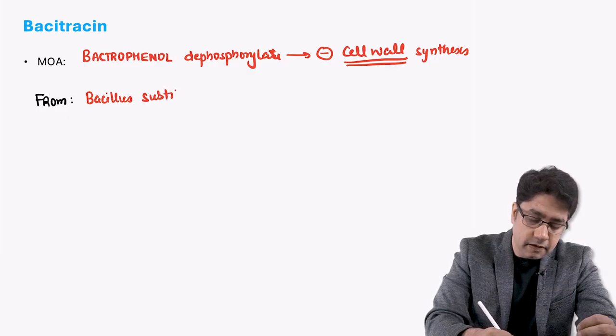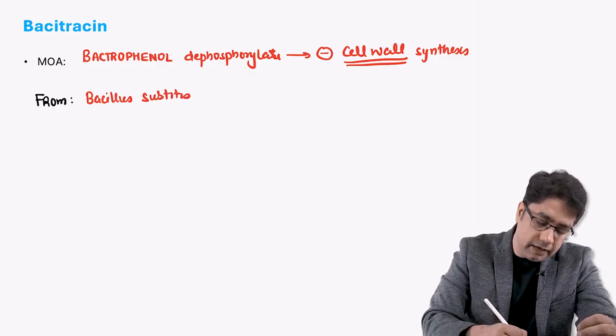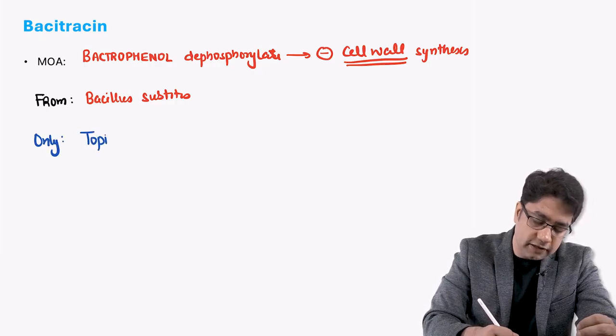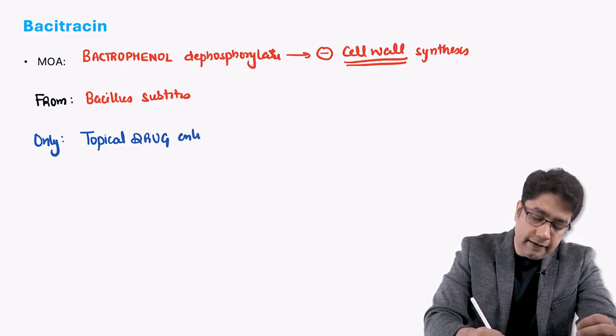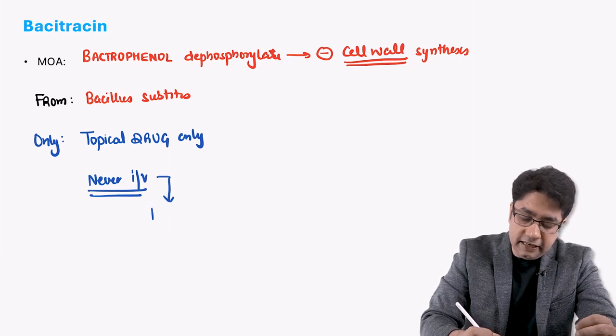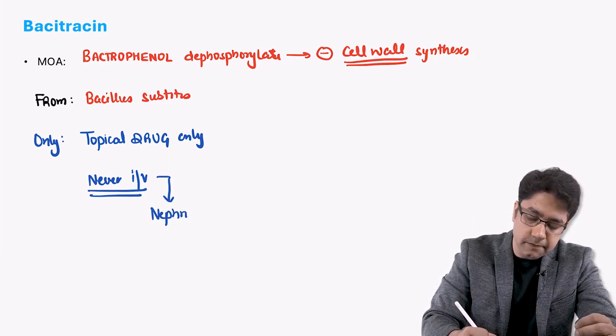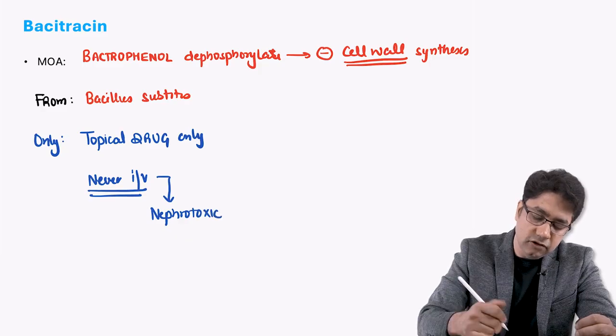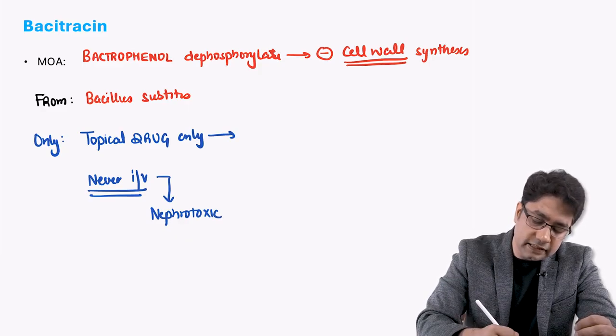And this bacitracin, remember, it is only given as a topical drug on skin. And it is never given IV, because when you give it IV, it is a highly nephrotoxic drug. That is why it is only given topically as a skin cream.